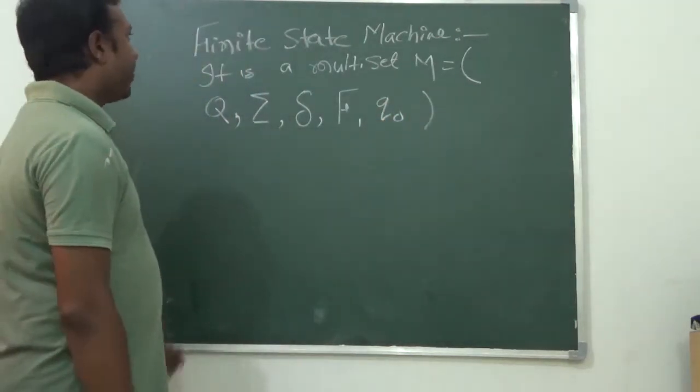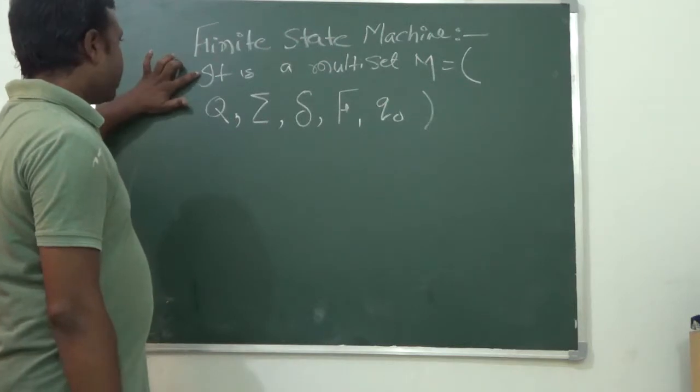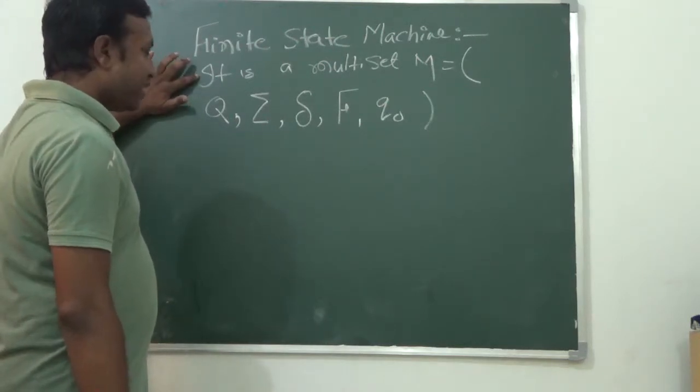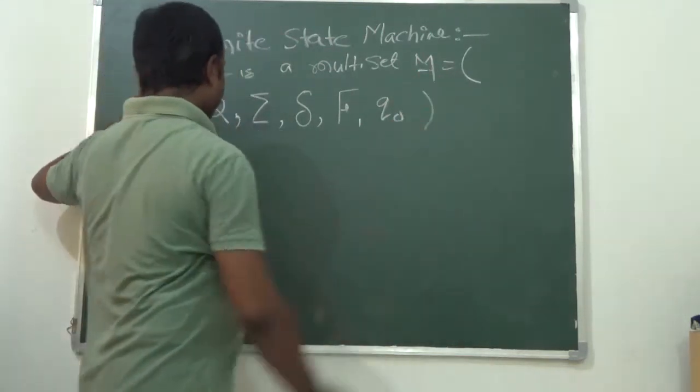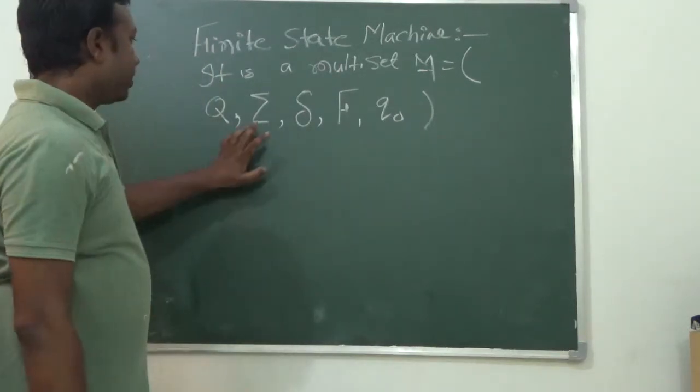So a finite state machine is nothing but a multi-set M which is containing Q, sigma.